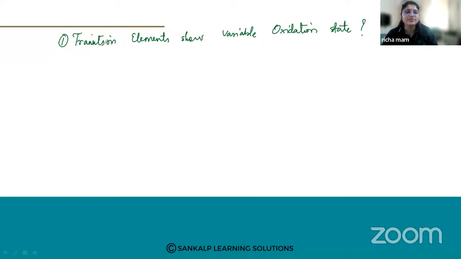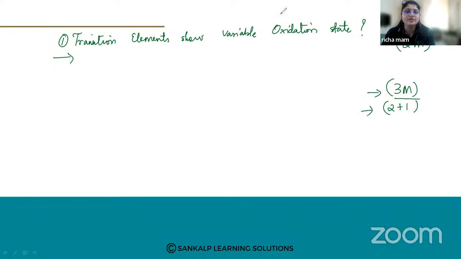What is the reason why transition elements show variable oxidation state? So this is a question for 2 marks. The question can be asked directly for 3 marks, that is for preparation, or it can be 2+1.